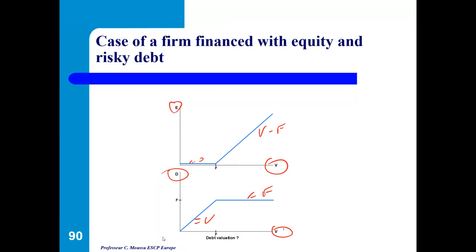And of course, if you look at that, what do you observe? Clearly, what we can observe is that it looks like a call, except that the premium is not shown here.